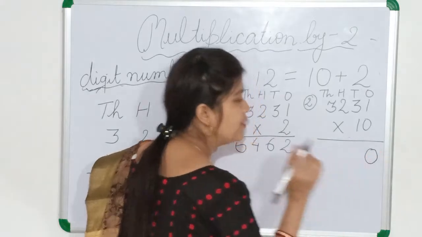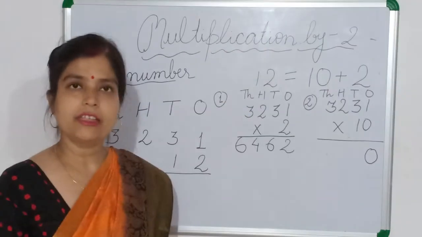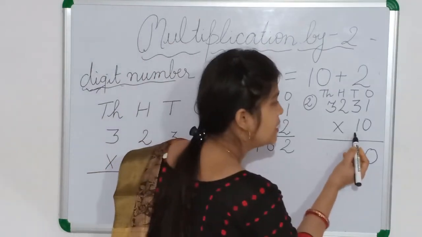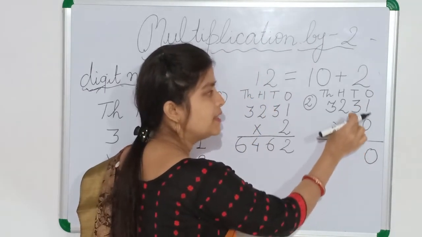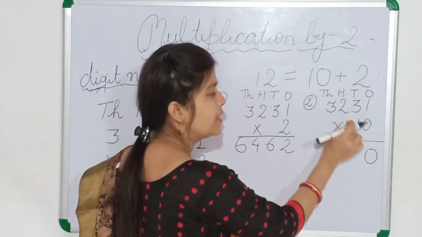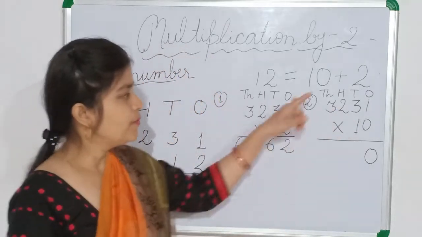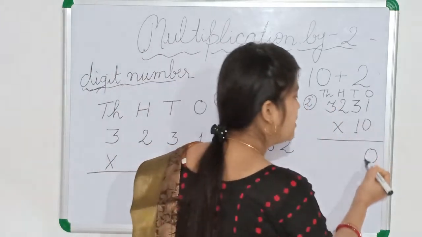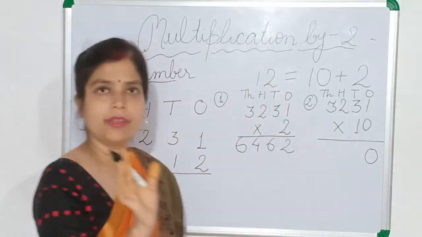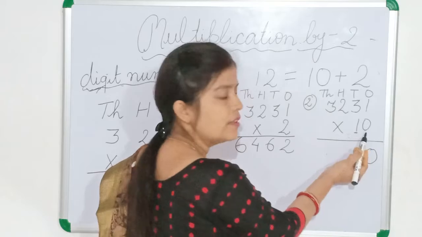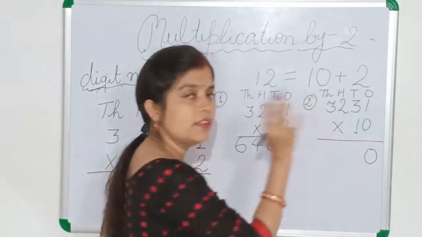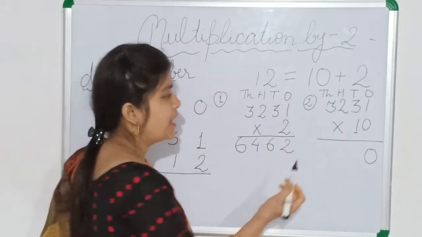I have to put 0 in the ones place, and after that I will multiply the digit which is in the tens place one by one with the ones place digit, tens place, 100 place and 1000 place. Okay, first step I will put 0 in the ones place. Now I will start multiplying.